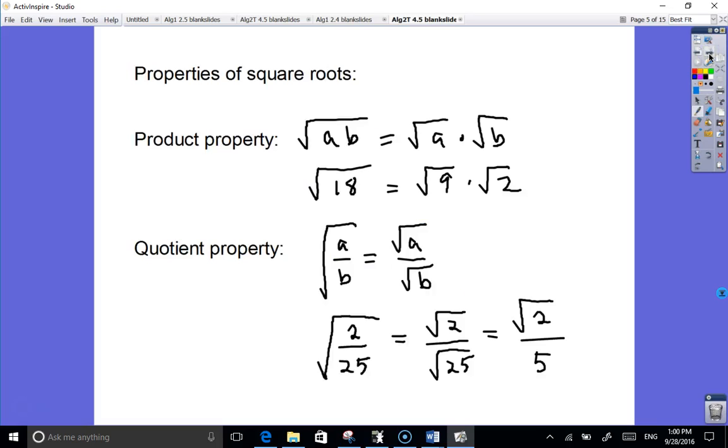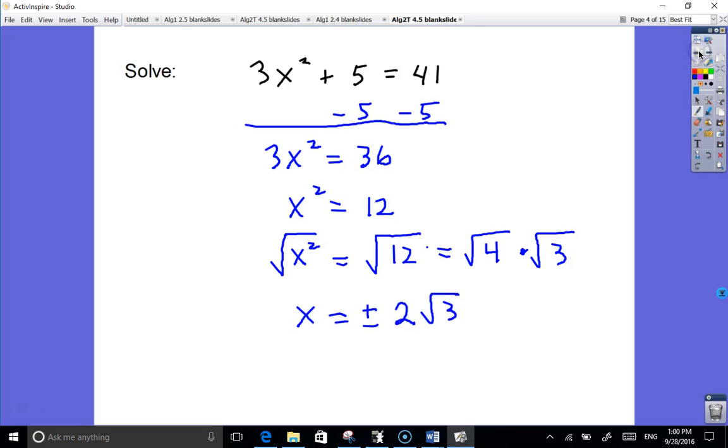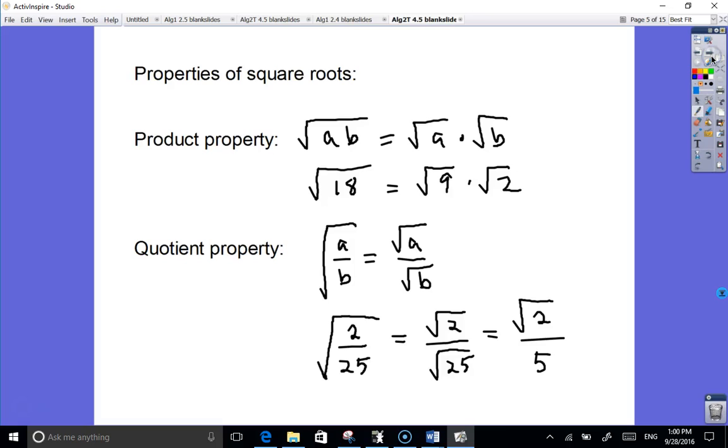If you have the square root of a product, AB, it equals the square root of A times the square root of B. It means you can split them up into different radicals. And that's exactly what I did on the last slide. I split up the square root of 12 into the square root of 4 times the square root of 3. That's the product property. And there's another example there with the square root of 18.